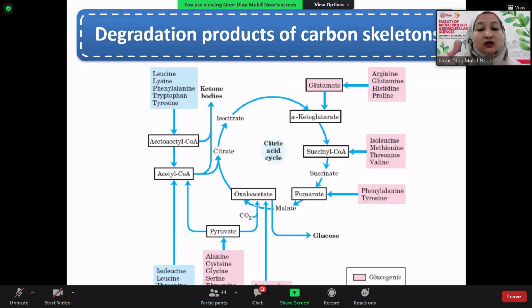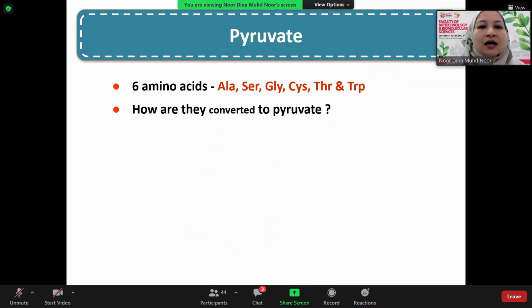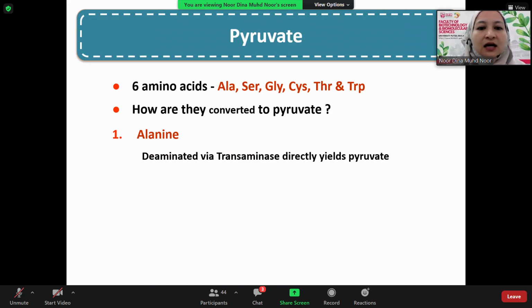Okay, what are the intermediates involved from the degradation of each amino acid, whether glucogenic or ketogenic? Let's look at them one by one. We have pyruvate, which is the product from the degradation of these six amino acids: alanine, serine, glycine, cysteine, threonine, and tryptophan.